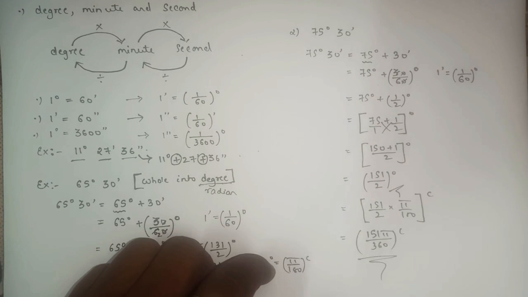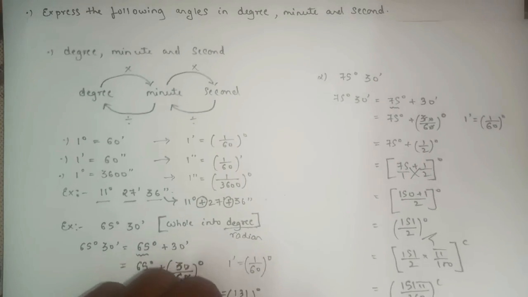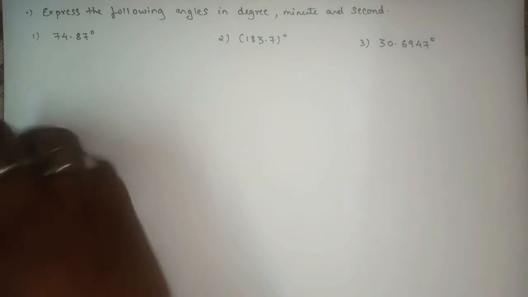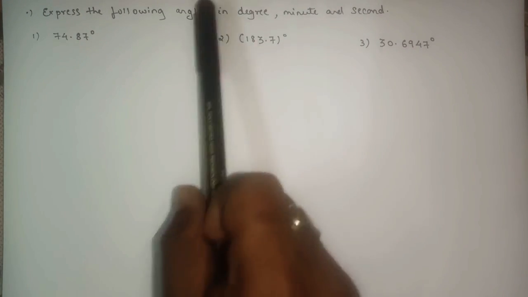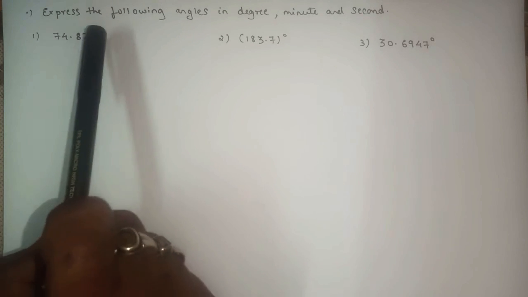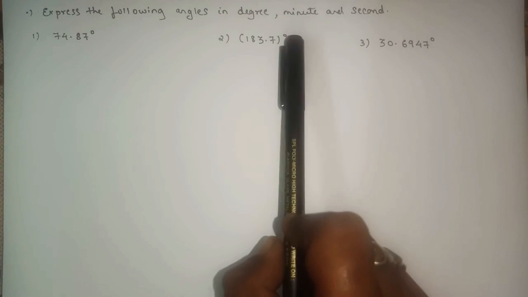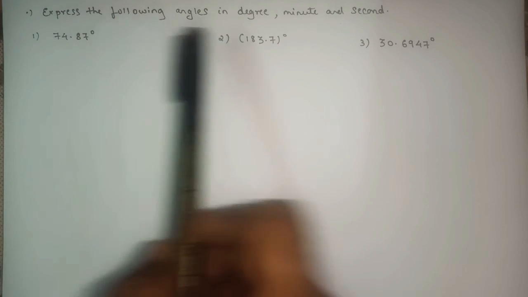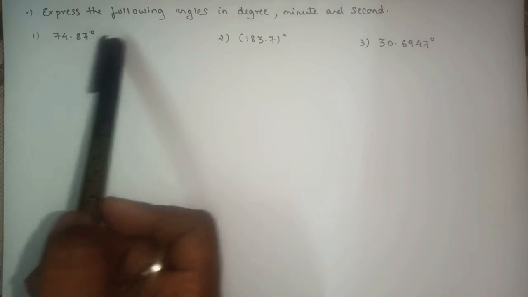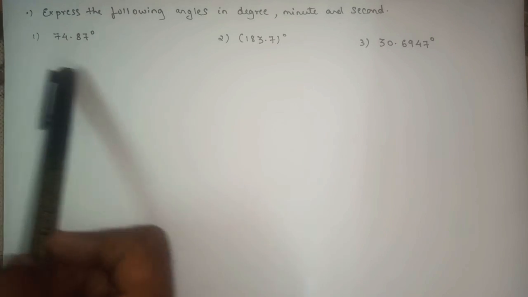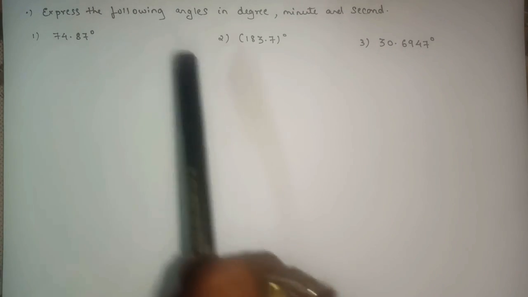Okay, so now we'll see the next important concept: express the following angle. As here we have the angles, yes or no? Clearly we can see that it is an angle because the power is 0. This symbol 0 indicates what? It is in degree. So degree means what? It is an angle only, no? So we have to express the angle in terms of degree, minute and second.